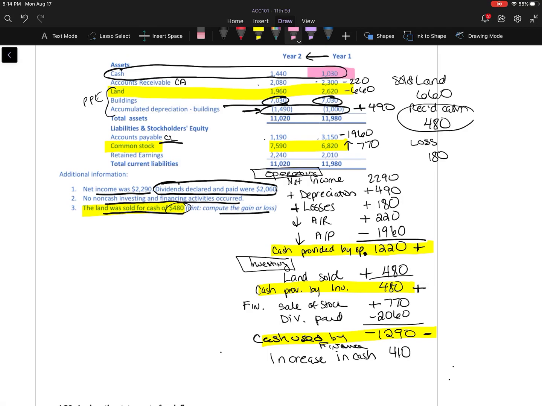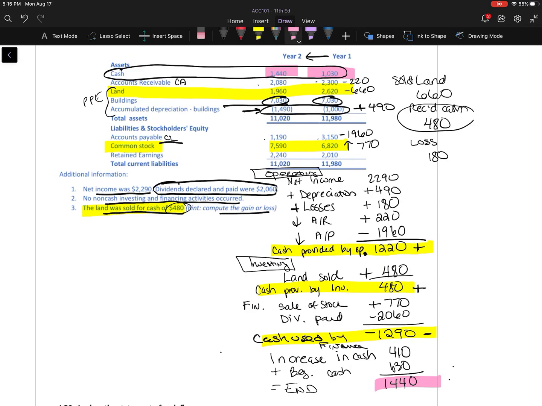Okay, now what we're going to do, let's see if I can shrink this up a little bit. What we're going to do is we're going to go ahead and take the beginning cash, $1,030, and see if that equals our ending cash.